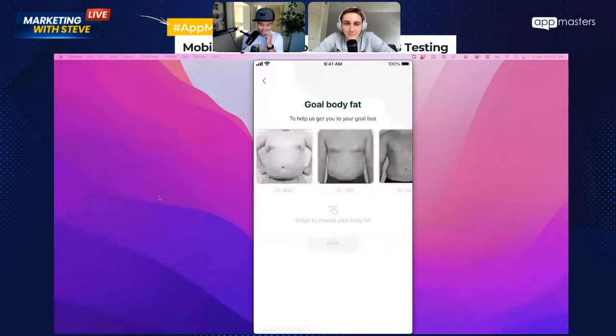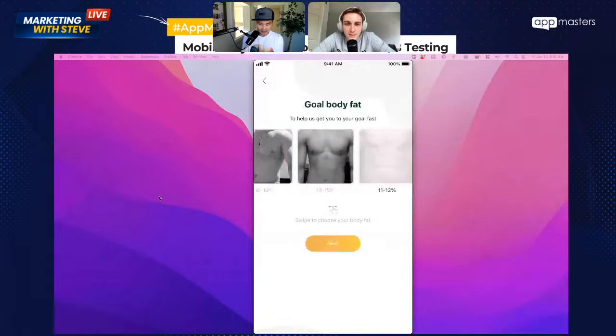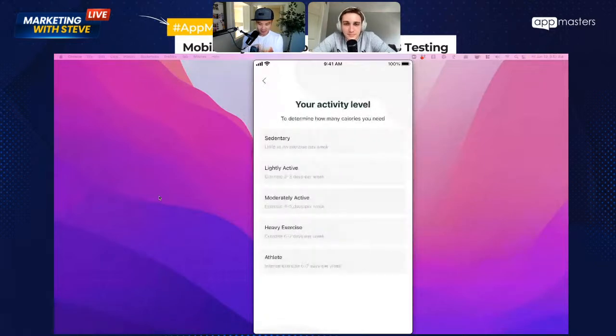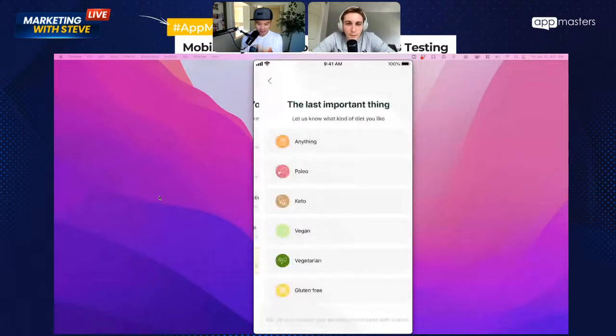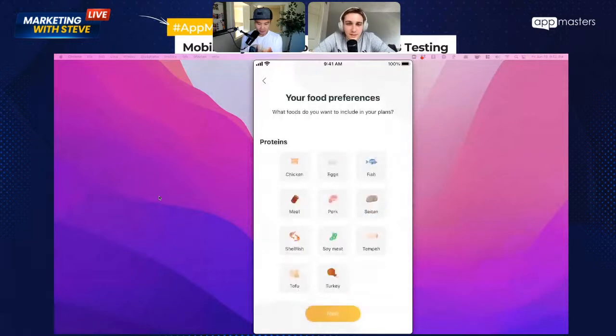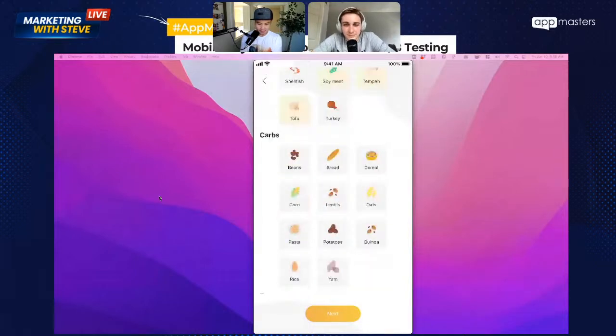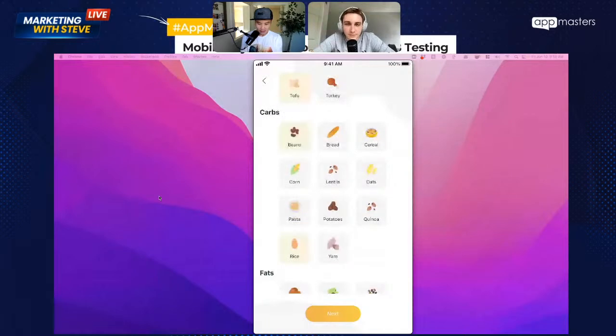And then choose your body fat. I probably am. I'll pick myself. I'm probably somewhere around there. I'm an athlete, bro. Come on. Yeah, vegan. Choose your food preferences. Just put vegan, bro. Like, don't show me protein. Tofu, soy meat, and then carbs, all of it. I like all of it.